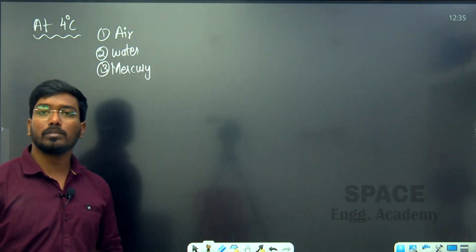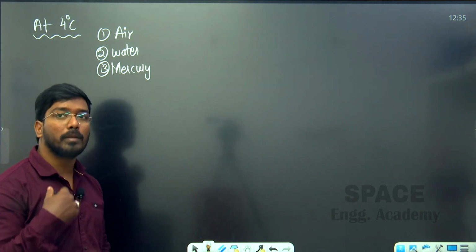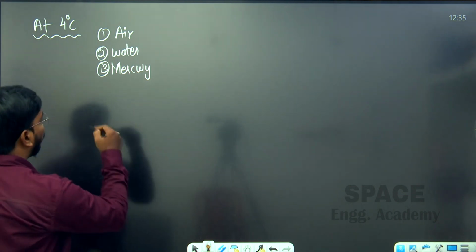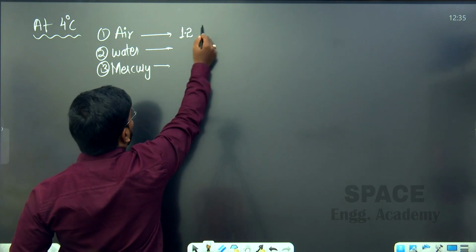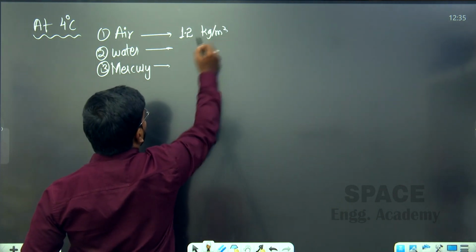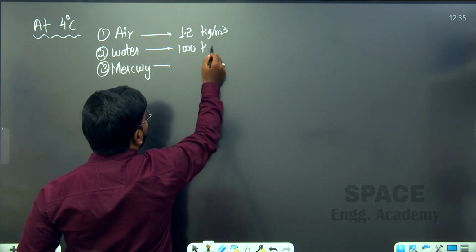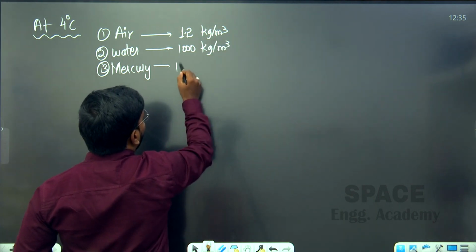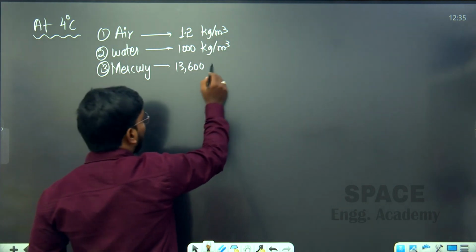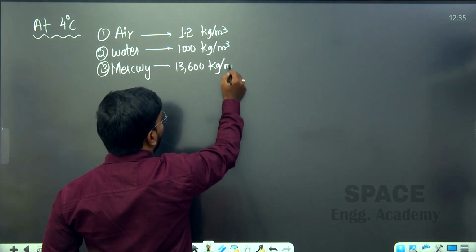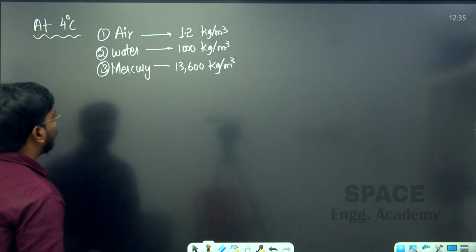In the problems, he is not going to give you these values; we need to memorize them on our own. The values are 1.2 kg per meter cube, 1000 kg per meter cube, and 13,600. Some textbooks give 13,565 or 13,570, that's also okay, but the approximate value is 13,600.